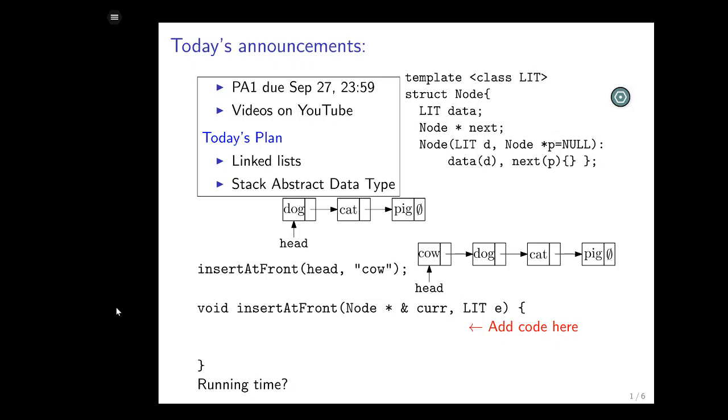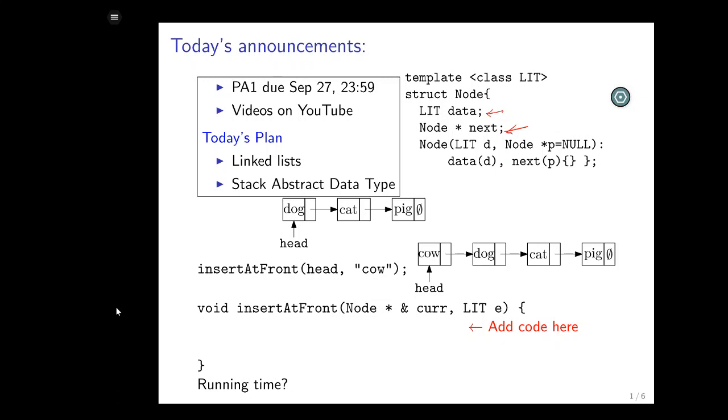This is like a warm-up slide. This slide has the structure that we talked about last time, the node structure that was part of the linked list. In this node structure, not only does each node contain some data, which is templated to be of type Lit, could be an int, could be a string, it also has a pointer to another node structure.